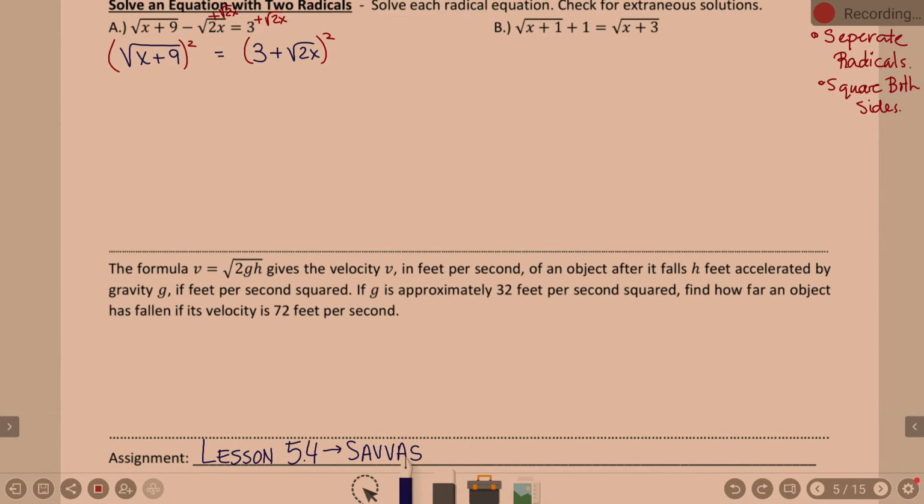Now on the left, what happens when you square the square root of x plus 9? You get x plus 9, yes? Same old, same old. Now the catch is on the right. What happens when you square 3 plus square root of 2x?